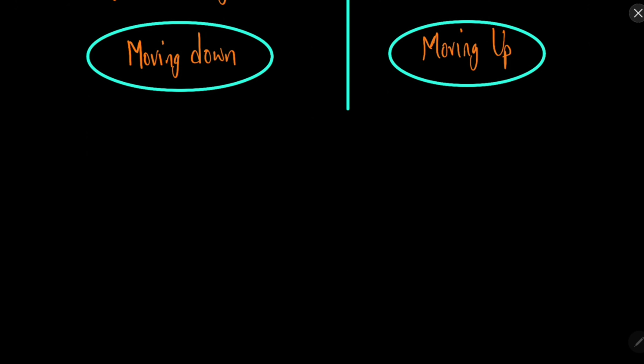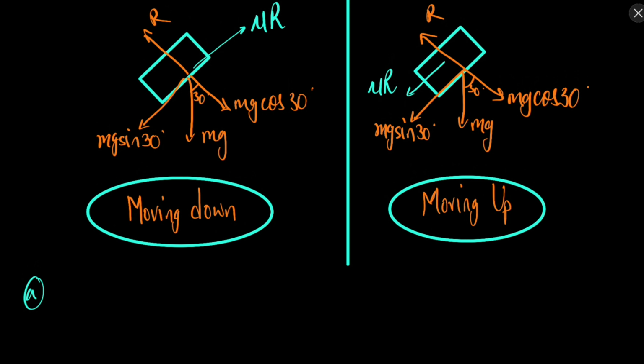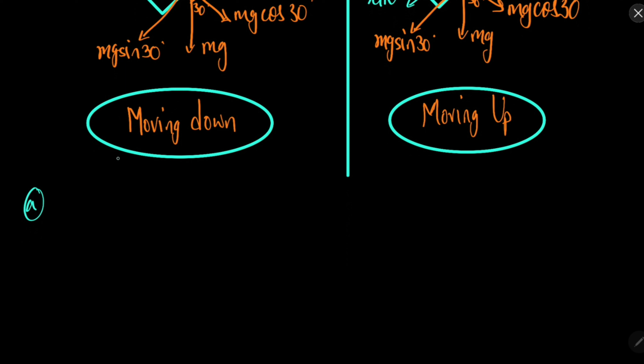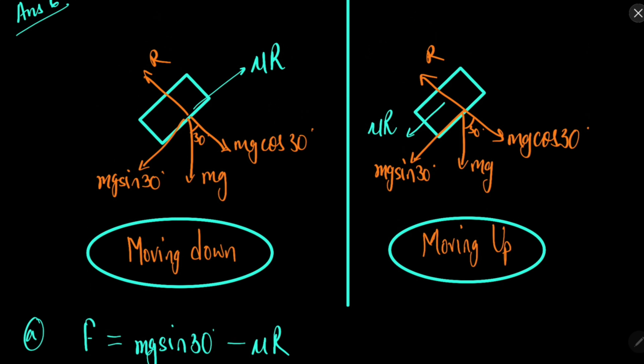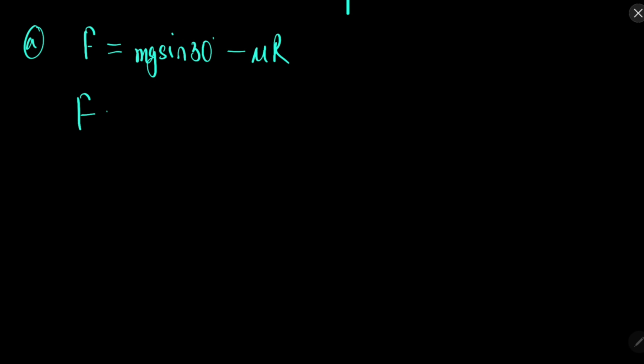So now let's try to solve the question. In situation A, what do we have? We have F equal to mg sin 30 degree minus mu R. Okay, net force is there. So let's try to find the force which we will get, the net force. So 2 into 9.8 into 1 by 2 minus 3.39.